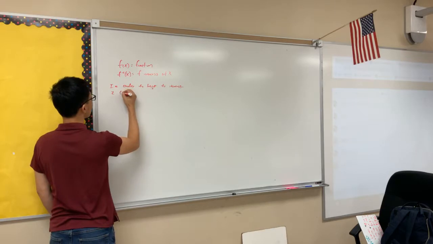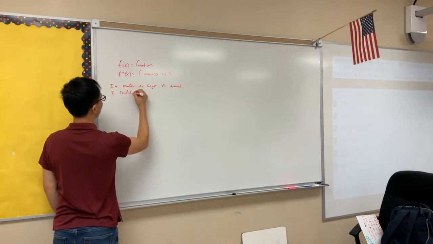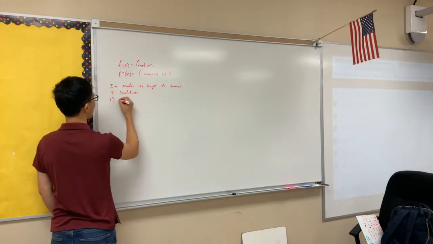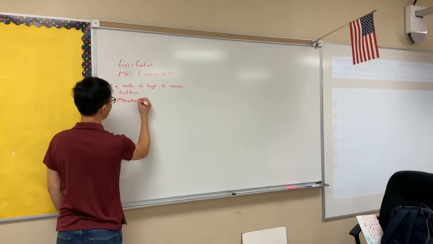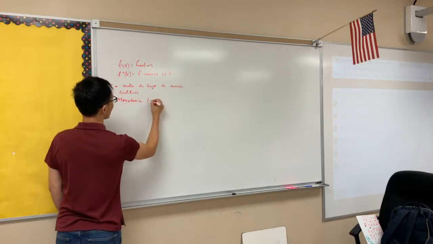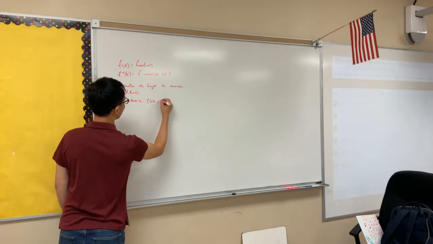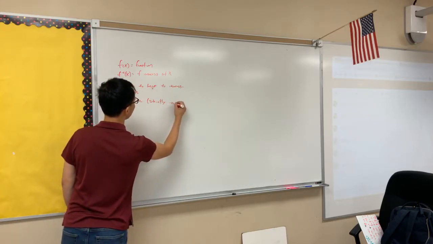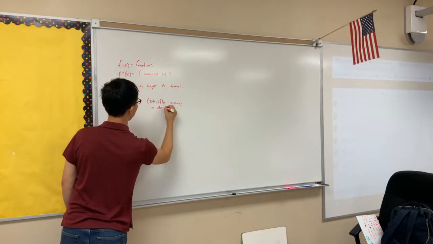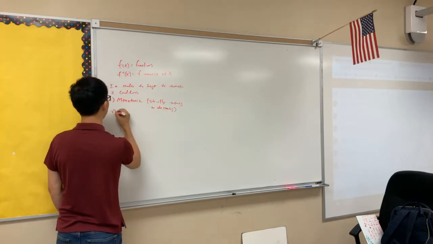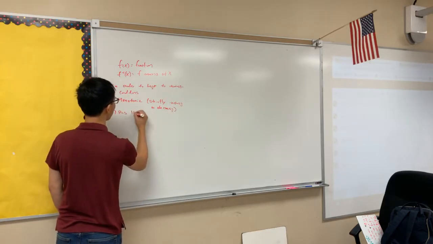The first one is monotonic. Do you guys remember that word? That means strictly increasing or decreasing. Two, it must pass the horizontal line test.